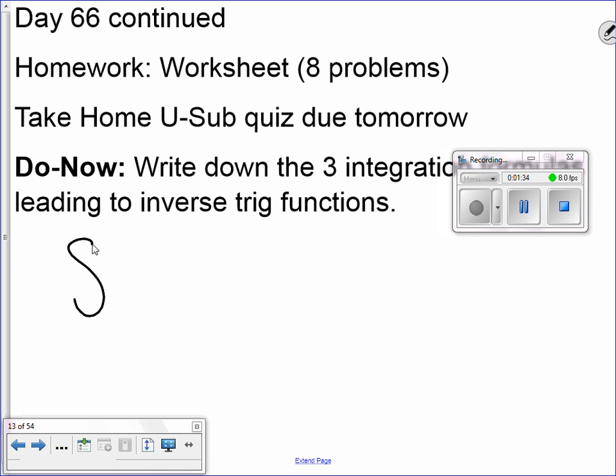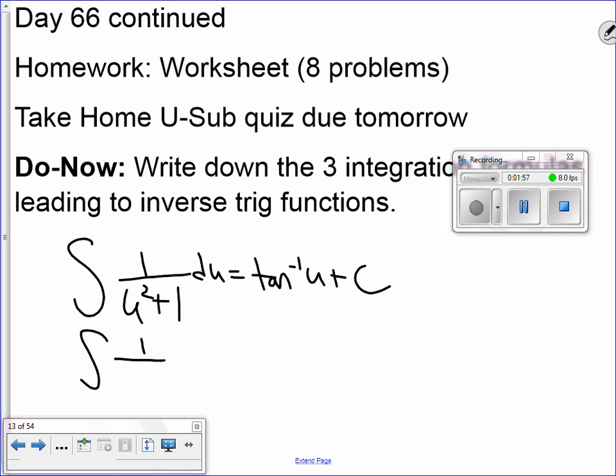Well, go the other way. Okay, we're going to do it with u, so it'll be u squared plus 1, or 1 plus u squared, doesn't matter. Okay. That one? Ooh, it's doing a tough one. Okay.